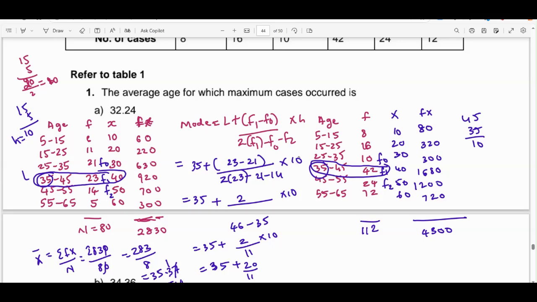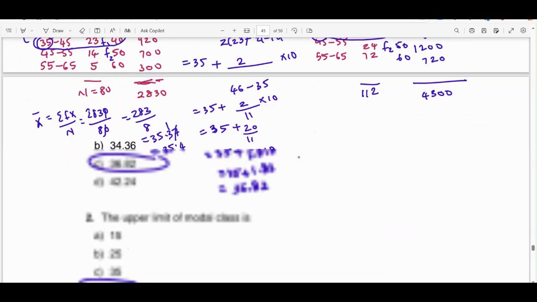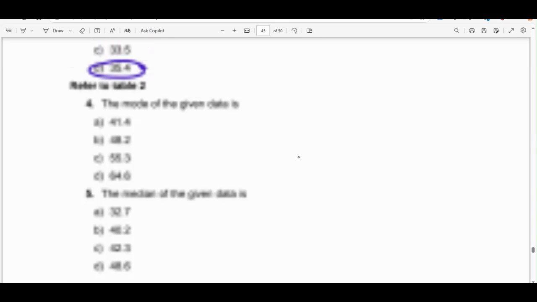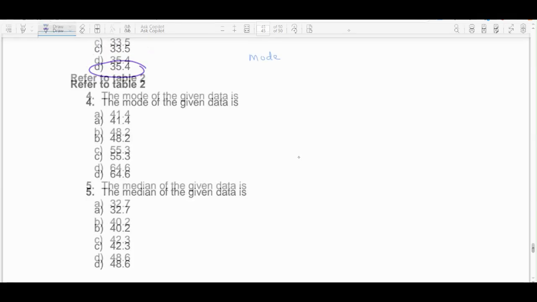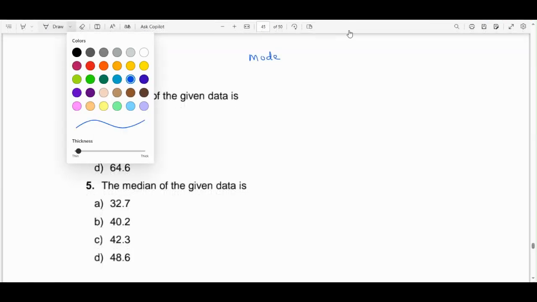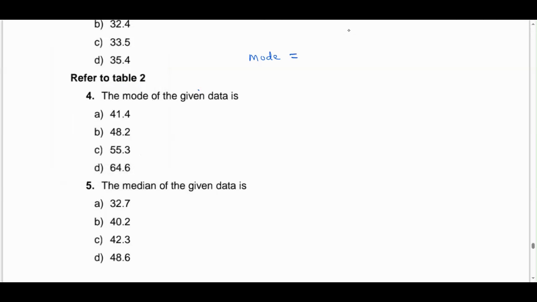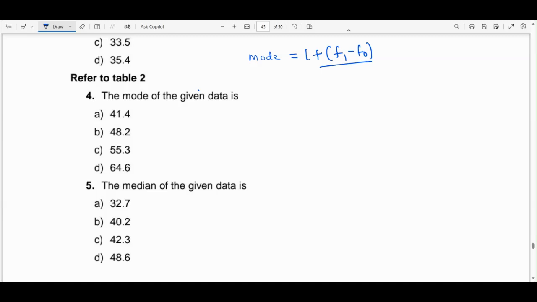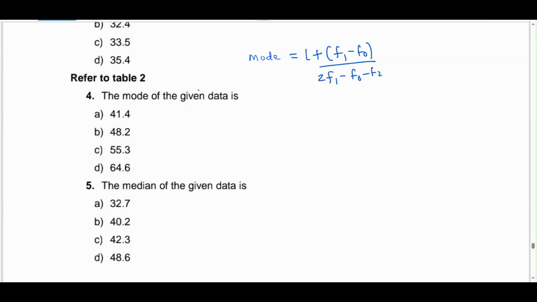So the modal class, mode equals L plus F1 minus F0 divided by 2 F1 minus F0 minus F2, into H.